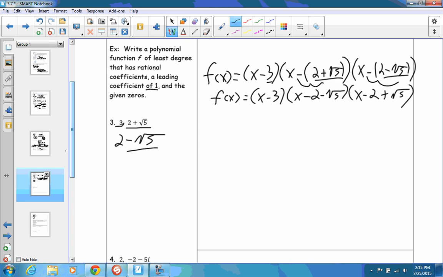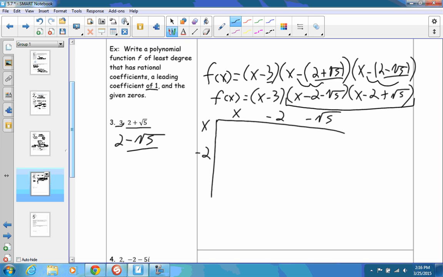Minus a negative is adding, right? So box method, we could start here and distribute. I think it's easier to just take this whole chunk and do one big box and then distribute that x minus 3. So put up a box here. I've got x, negative 2, and negative root 5. Right, that's that one. And then the one on the right, x, negative 2, and positive root 5.